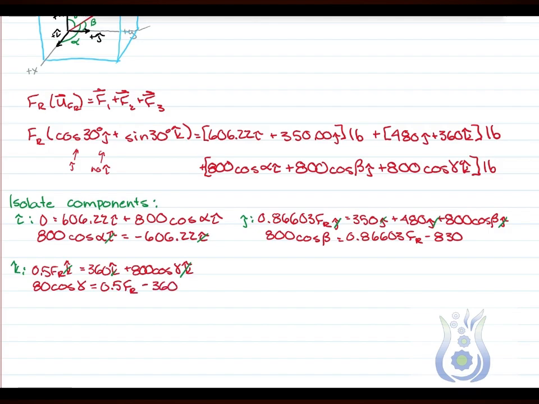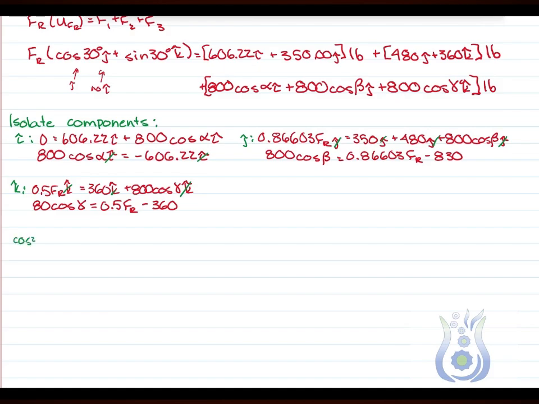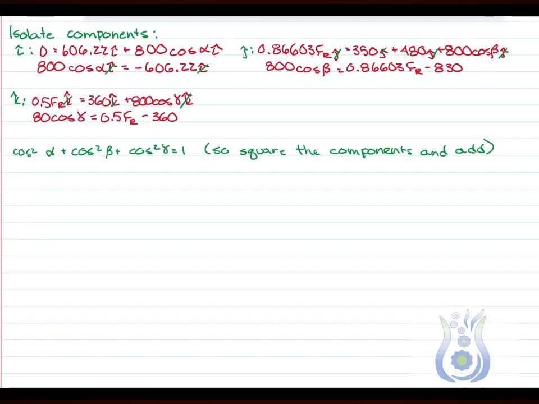Now, since we have the relationship cosine squared alpha plus cosine squared beta plus cosine squared gamma equals 1, let's go ahead and square these three isolated components and add them up so that we can pull out that entire term. So squaring i, we get 800 squared cosine squared alpha equals 367,500.